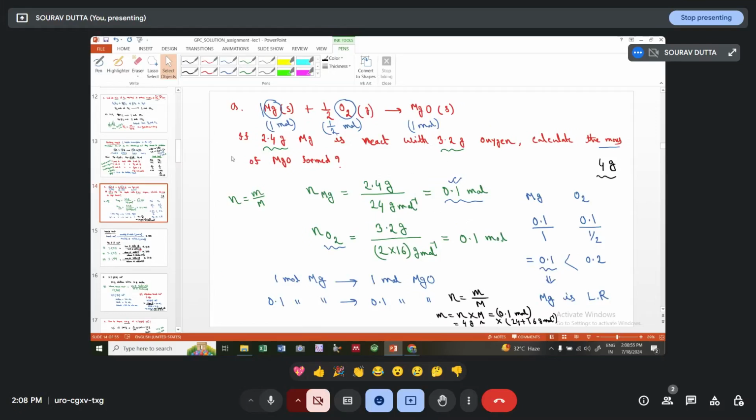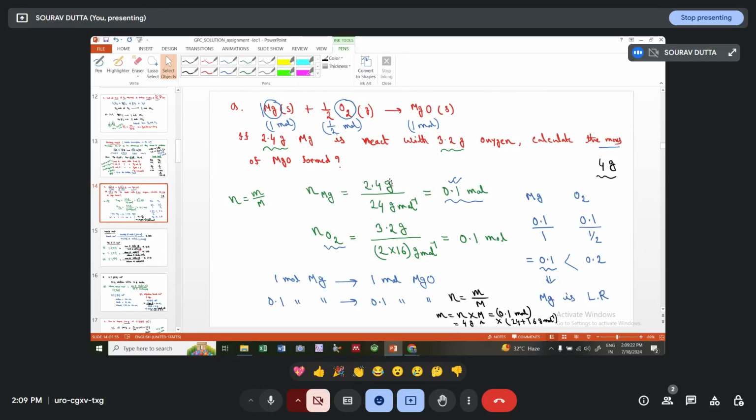Now we are going to this question. Magnesium reacts with half oxygen to form magnesium oxide. If 2.4 gram magnesium is reacted with 3.2 gram oxygen, calculate the mass of magnesium oxide formed. Okay, so at first we have to calculate the number of moles from this mass.